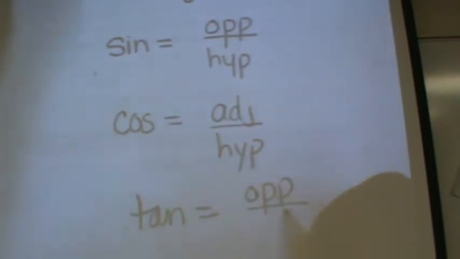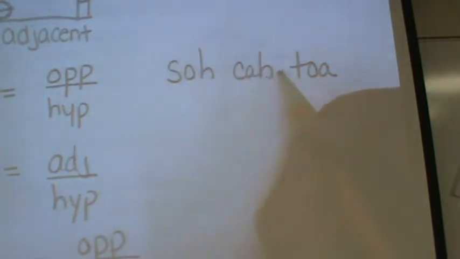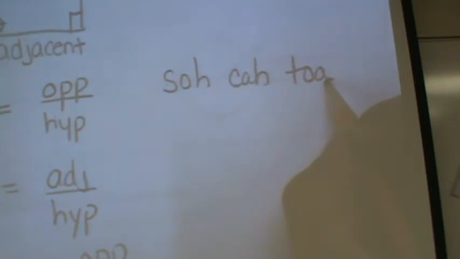So you're telling me you learned this before? S-O-H, C-A-H, T-O-A. Sine is opposite over hypotenuse, cosine is adjacent over hypotenuse, and tangent is opposite over adjacent.